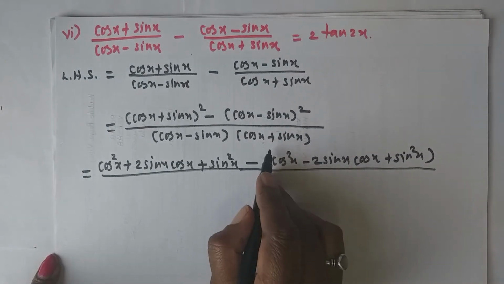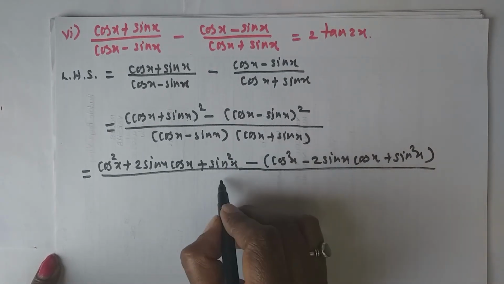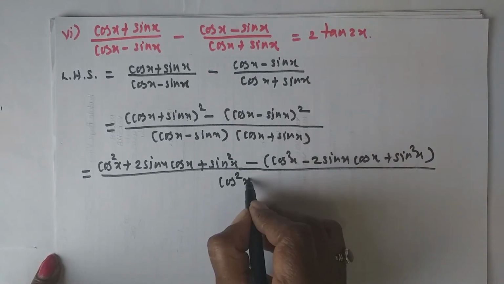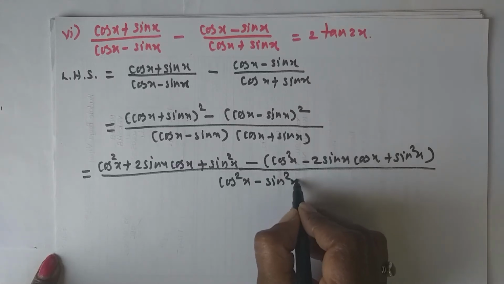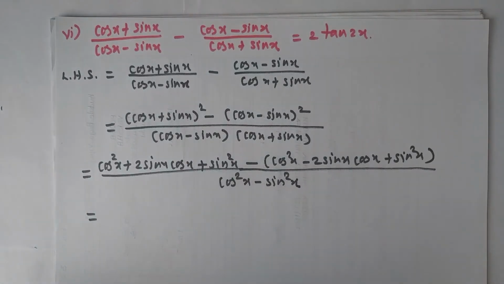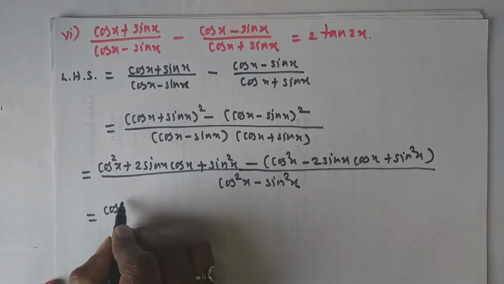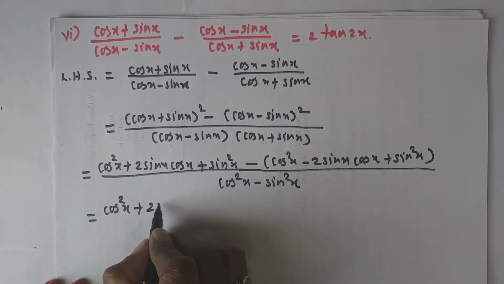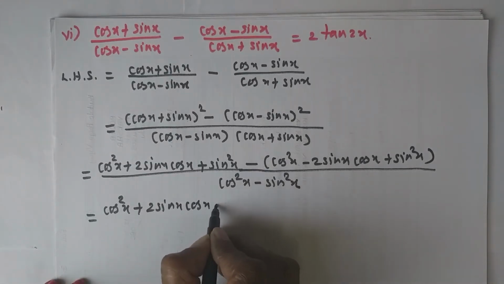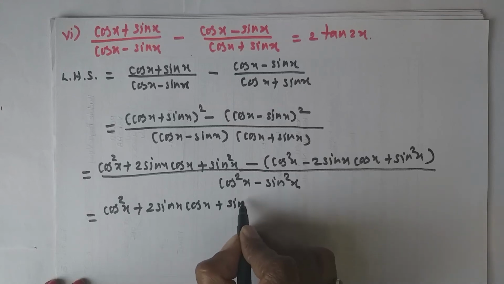These are like a plus b, a minus b. Therefore its expansion will be cos square x minus sin square x. Now see here, this will be cos square x plus 2 sin x cos x plus sin square x as it is.